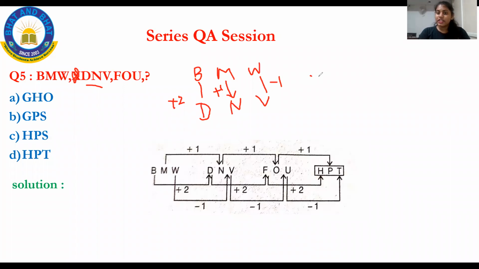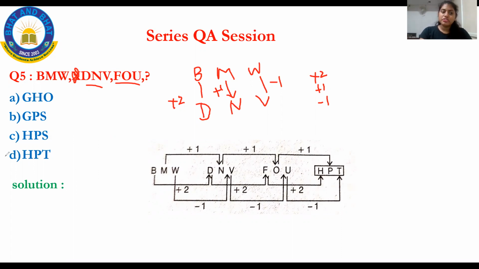So what is the logic? Plus 2, plus 1, minus 1. Apply it to the last one: F, after 2 letters, G, H. O, after 1 letter, P. U, before 1 letter, T.